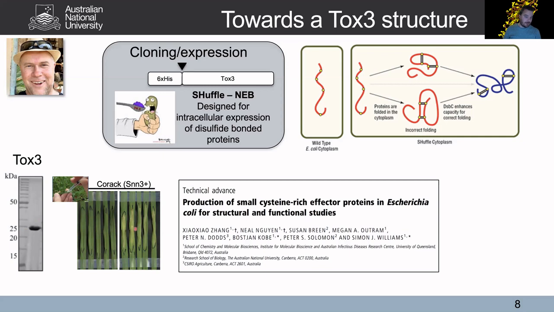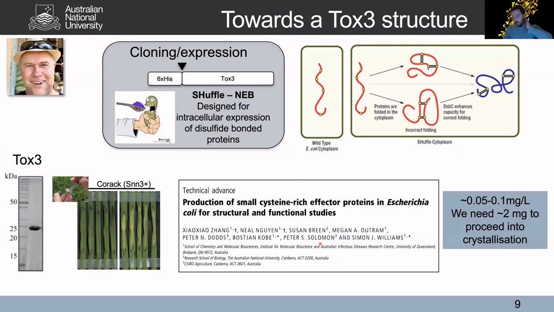In this case, we're looking at Corack, and so this is an SNN3 plus line, and then here we have an SNN3 minus line. I should have had that written in there. And so we're seeing this necrosis, this cell death, due to the protein. This work was published, and it talks about a number of different cysteine-rich effectors that were produced in SHuffle and shown to be functional.